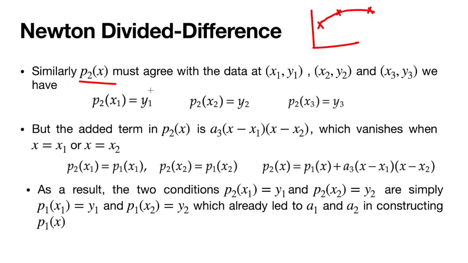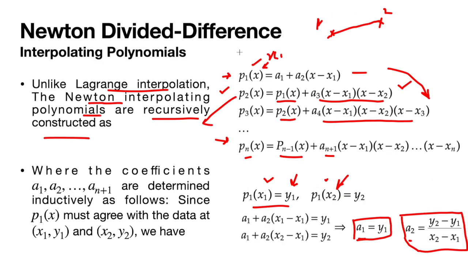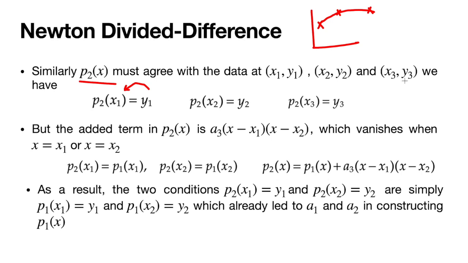If we put x1 here, it must be equal to y1, and similarly x2 must agree with y2, and x3 with y3. The only addition p2(x) has is this term here.